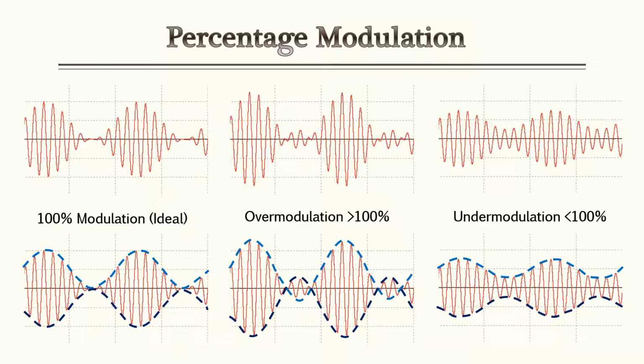The middle picture is an over-modulation signal with over 100%, which means your modulation factor is 1 point something, but it's greater than 1.0. And of course, our last picture all the way to the right is under modulation, meaning it's less than 100%. You may see 50%, 66% modulation factor. Again, we'll go over that in a practice problem, but be aware that's what these images illustrate when you see over-modulation and under-modulation.